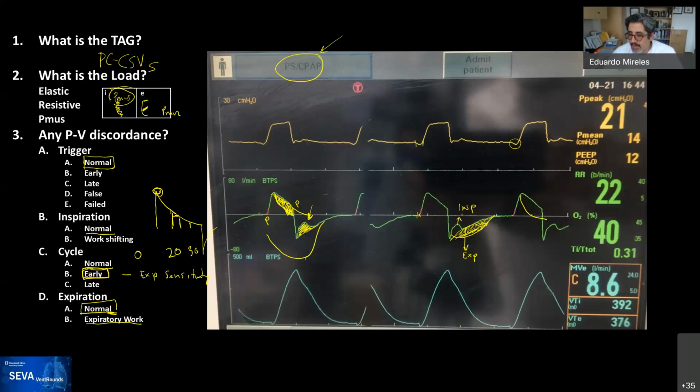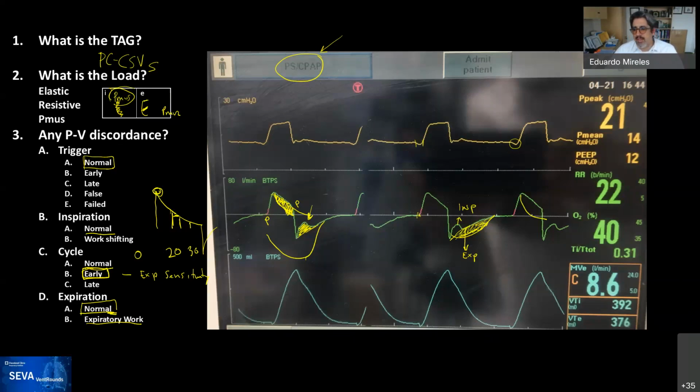AN says, is exhalation PMOS or early cycling? The early cycling, as we commented, if the patient is working during expiration, means there is resistance in the circuit or airways. Udi asks, doesn't expiratory work shifting automatically mean that there is some resistive load? Well, it could be, and it couldn't be. That's a great question.